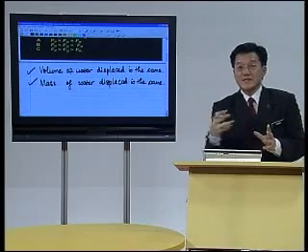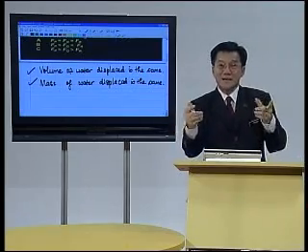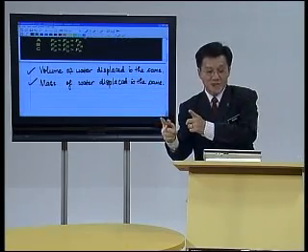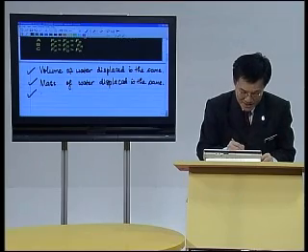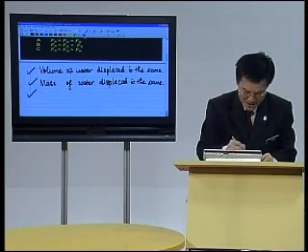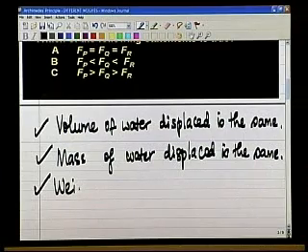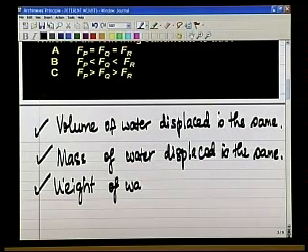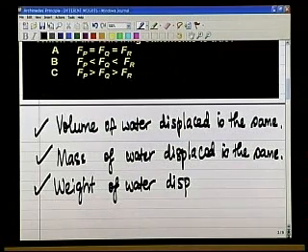And since the mass of the water displaced is the same in each of the 3 cases, we can safely say that the weight, now this is the crux, is the same. Therefore, the weight of water displaced is the same.